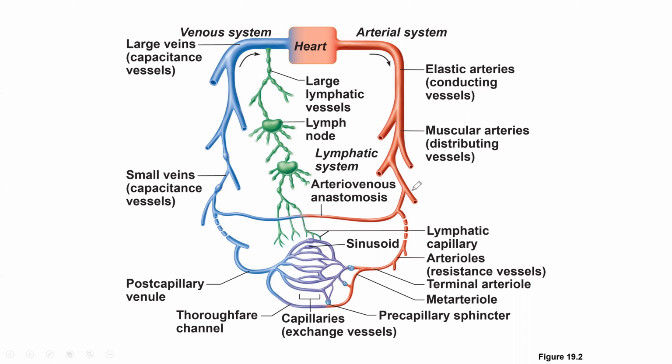And then we have arterioles or resistance vessels, terminal arterioles, and then we have capillaries. We will get to this metarteriole in a minute, right? So we start with elastic, then muscular, then we go to arterioles, terminal arterioles, and capillaries.